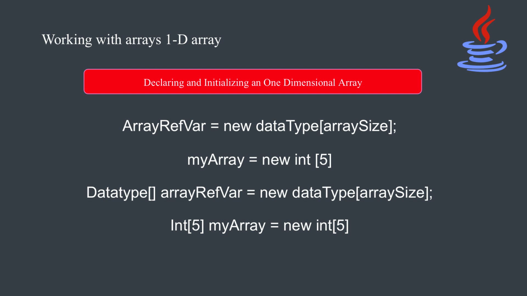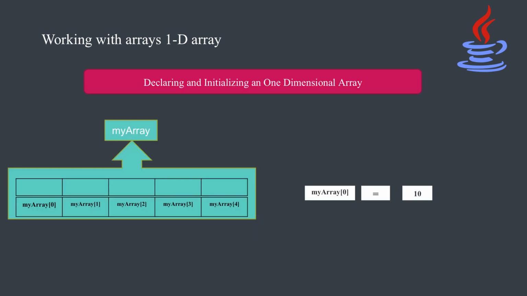So a reference variable with new int[5] will give you an array of 5 integers, right? You need to use this syntax to create an array. Now when you create an array, it will be indexed on the basis of size.